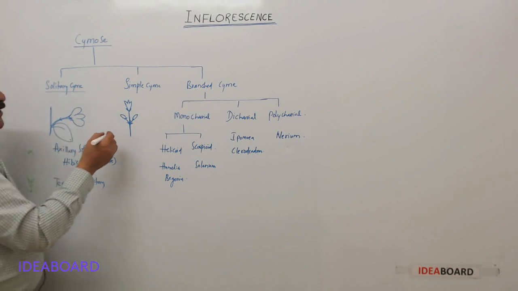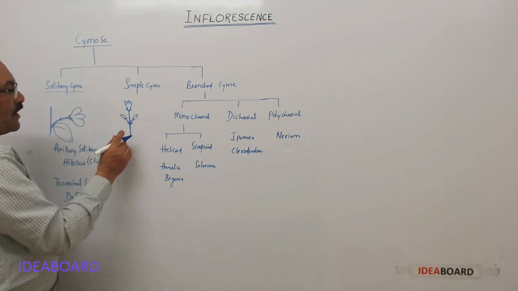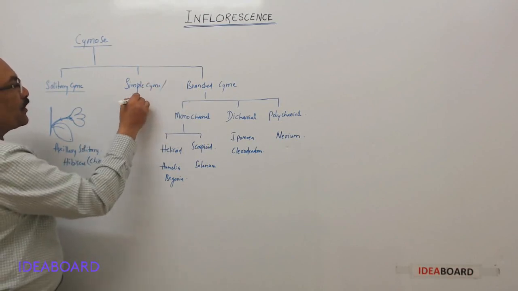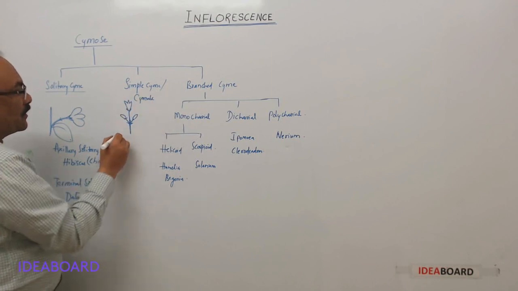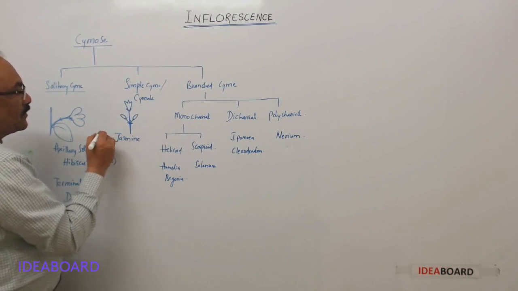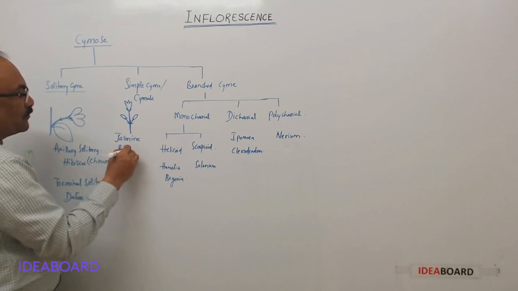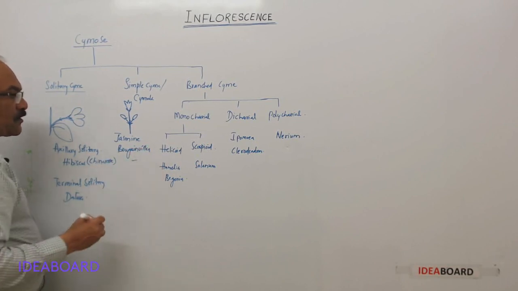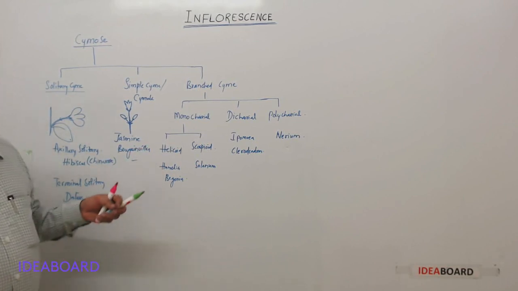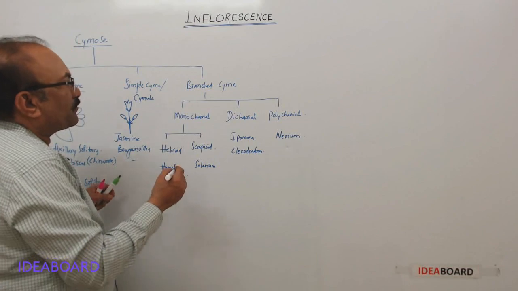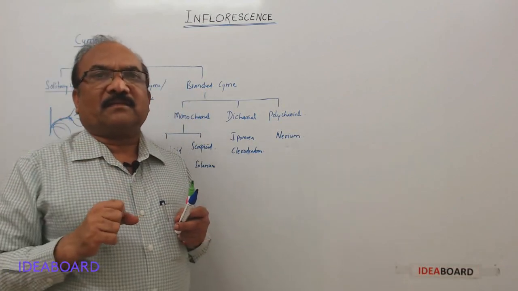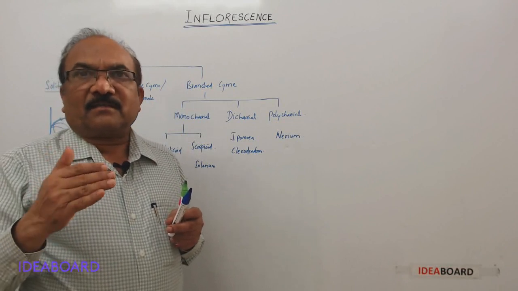So it ends up with three flowers only, and this is called simple cyme or cymule. Other examples, I hope, are jasmine and also bougainvillea.